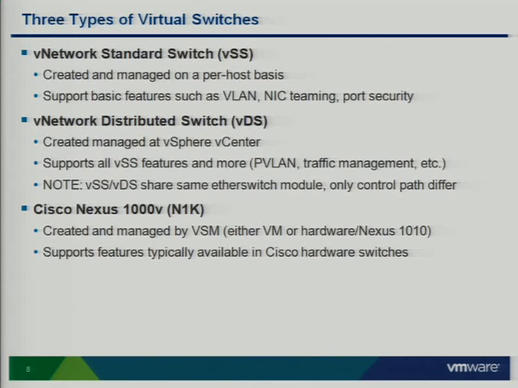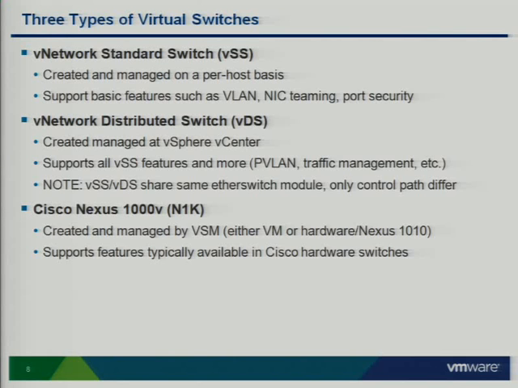One thing to note is that the standard switch and distributed switch actually share the same switching module in the VM kernel. The only difference is that the control path is different. In the case of VSS, all the controls and settings are persisted on a per-host basis.